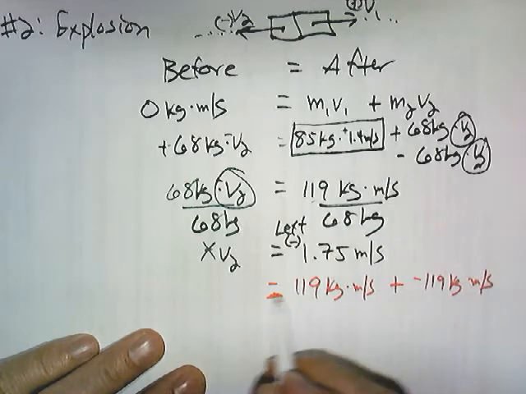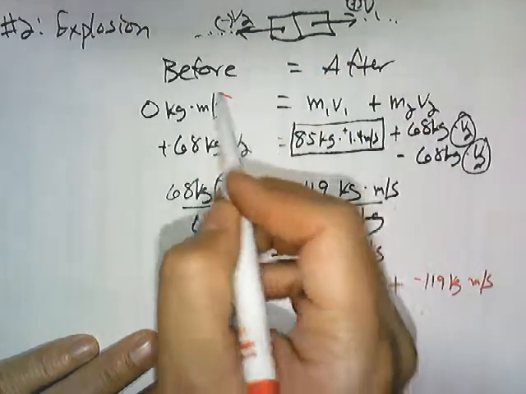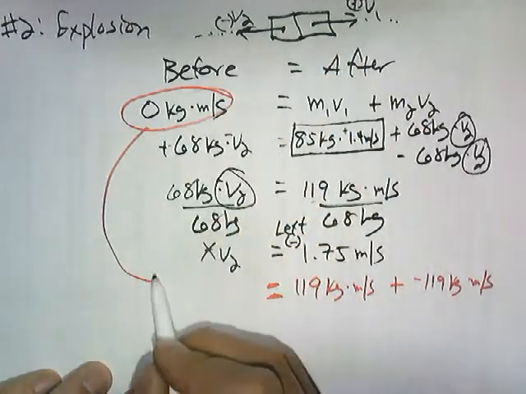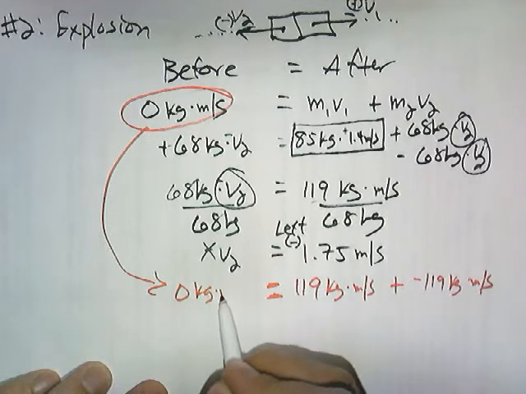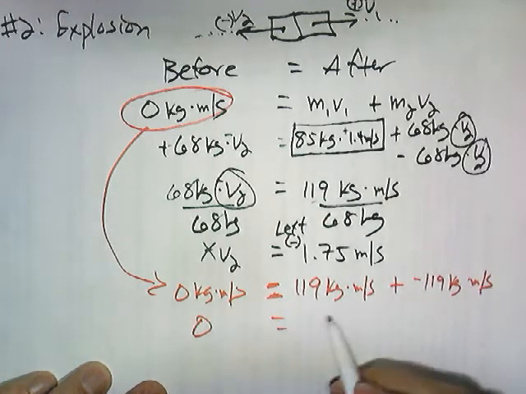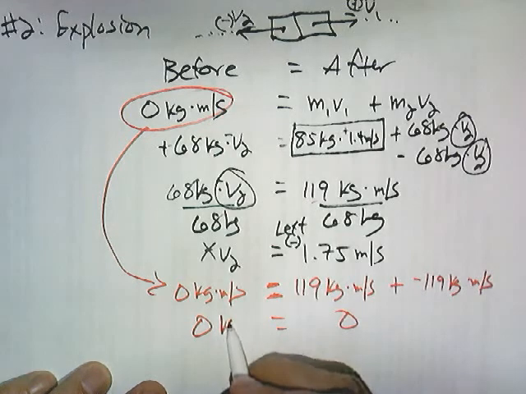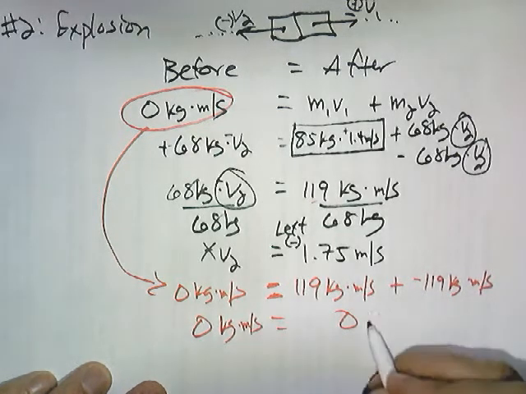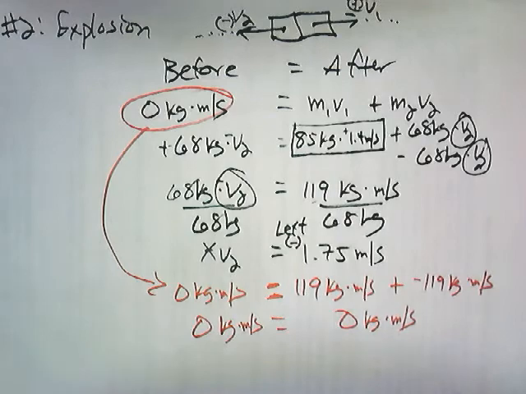That must equal my total momentum before the collision. Before, total momentum is 0 kilogram meters per second. 119 plus a negative 119, 0 equals 0. And I hope that makes sense.